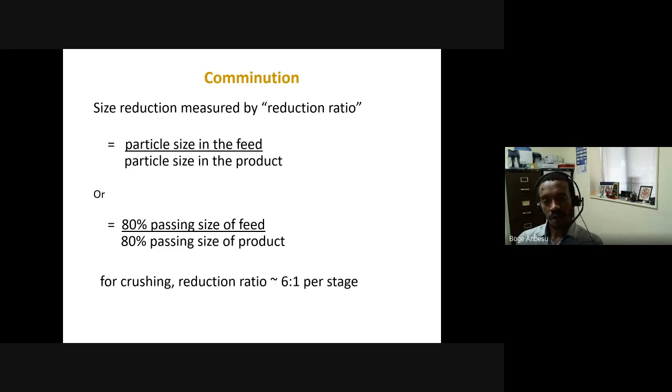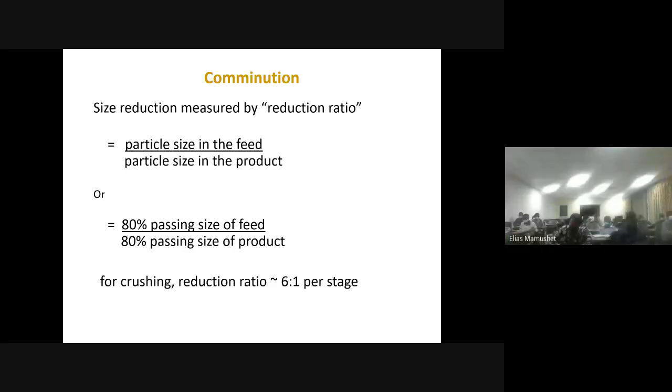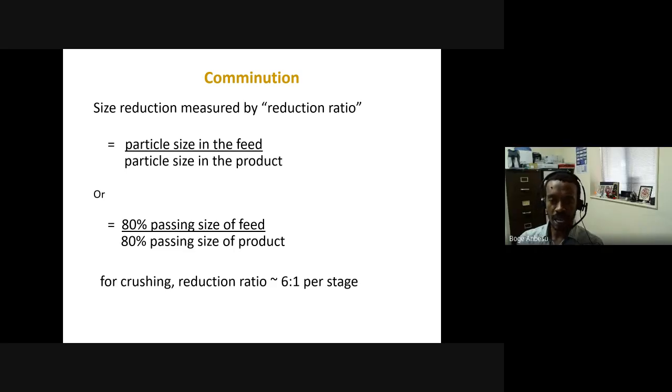So you need to have a way of measuring the average particle size to be able to say, this is my product particle size. Or even initially, if I give you a sample, to work out the average size, you need to have a way of determining average particle size. And typically for that, we use the 80% passing size, or the P80 that I told you about last week.